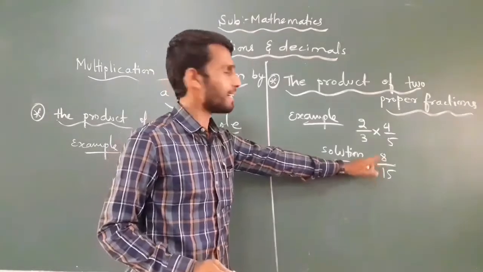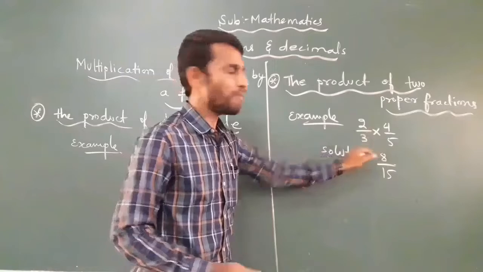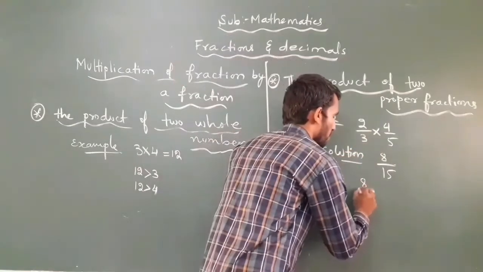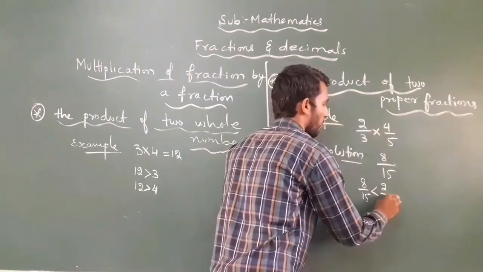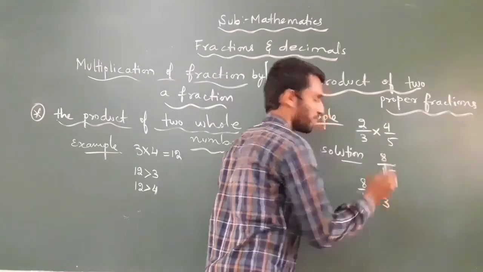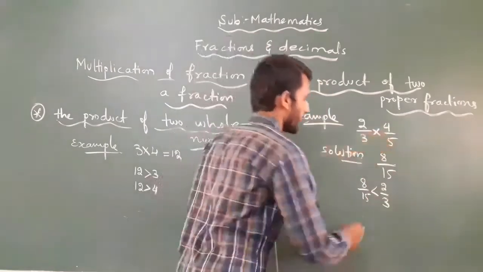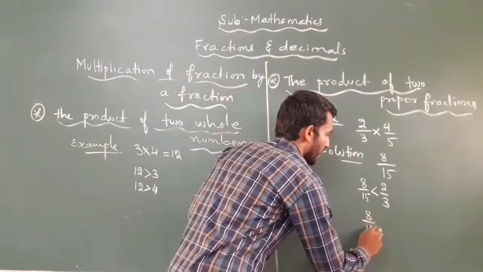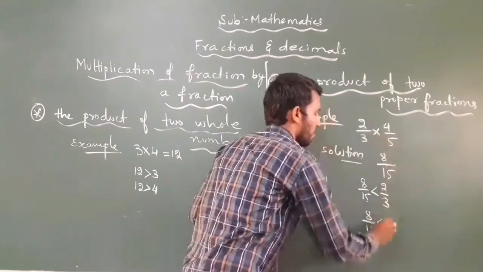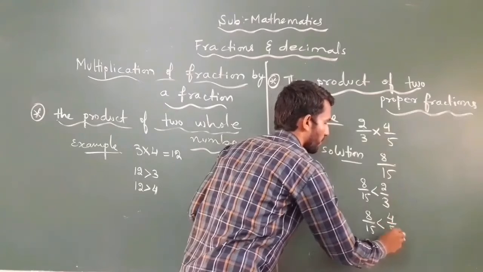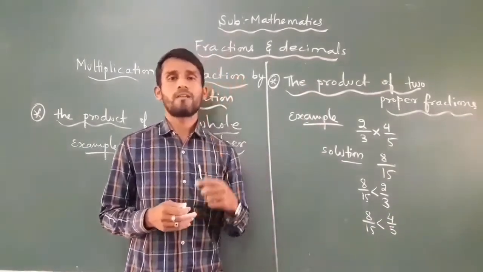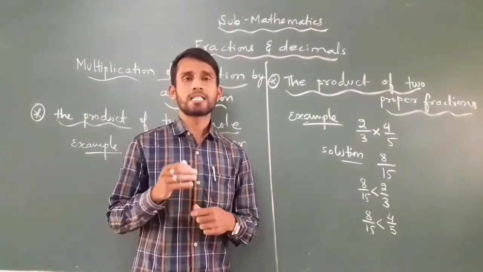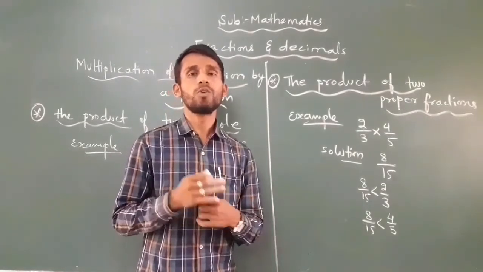When we compare these 2 fractions, we get 8 by 15 is lesser than 2 by 5, 2 by 3, and also 8 by 15 is lesser than 4 by 5. So we can say that the value of the product of two proper fractions is smaller than each of the two fractions.